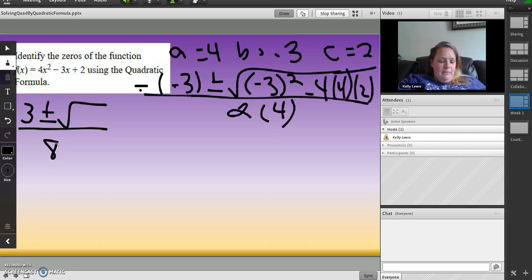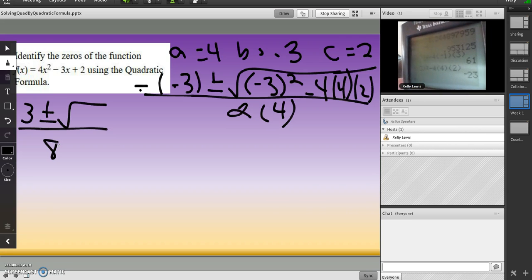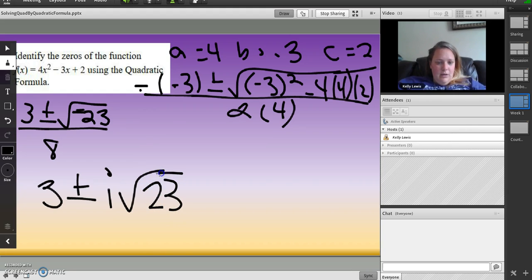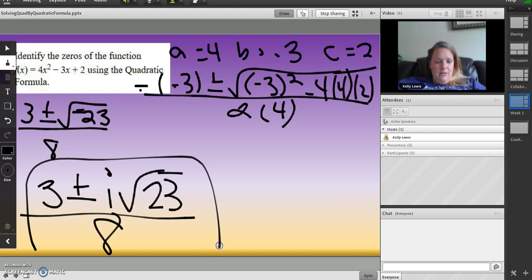In my calculator, I'm going to type negative 3 squared minus 4 times 4 times 2. All right, and I get negative 23. Totally fine that I get negative 23. Okay, and with negative 23, you can't pull out a 4, you can't pull out a 9, can't pull out a 16, but we have a negative, so that means 3 plus or minus i square root of 23, because i is the square root of negative 1, over 8, and we're done.